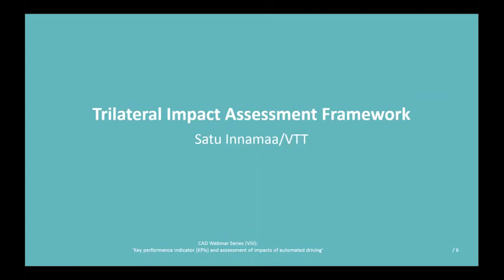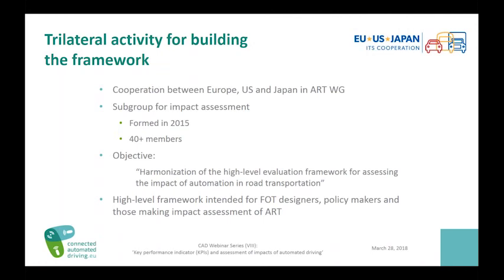But now I will go to this trilateral impact assessment framework and give you a short introduction on that. So what does it mean, trilateral? It means a cooperation between Europe, US and Japan. And 3 years ago, they made a decision to make this kind of subgroup special for impact assessment activities in these 3 regions.